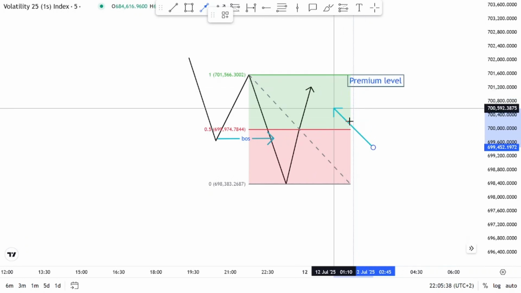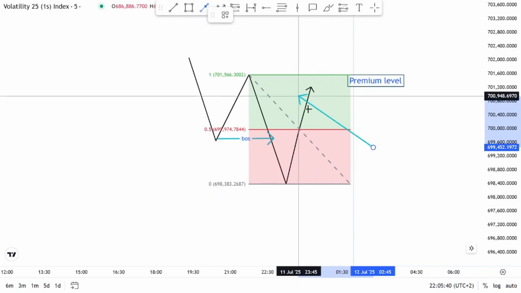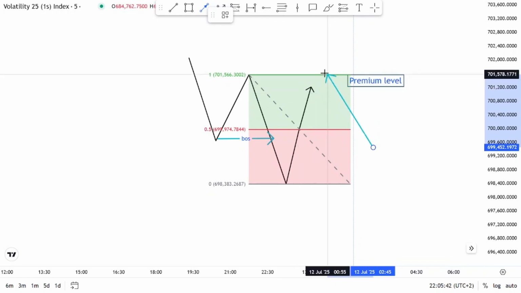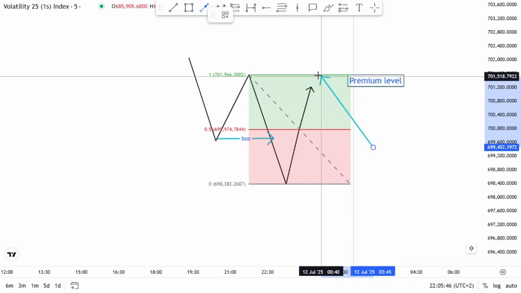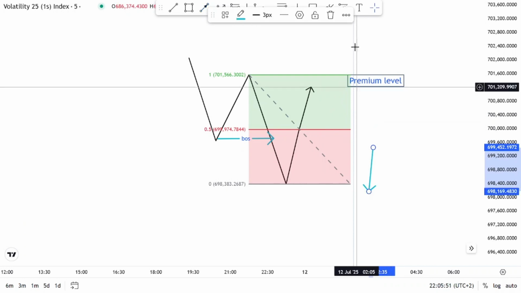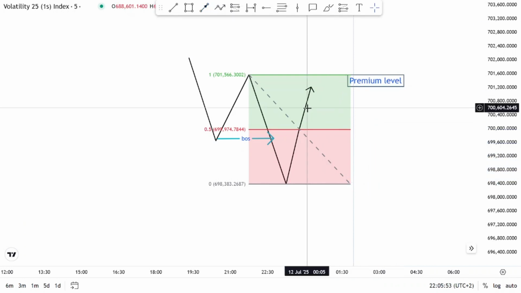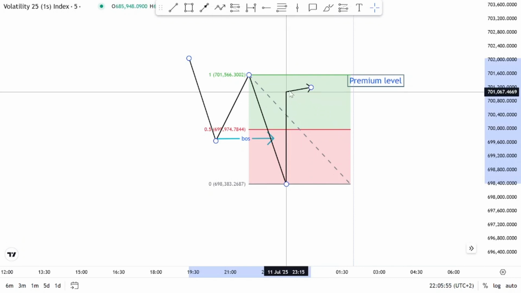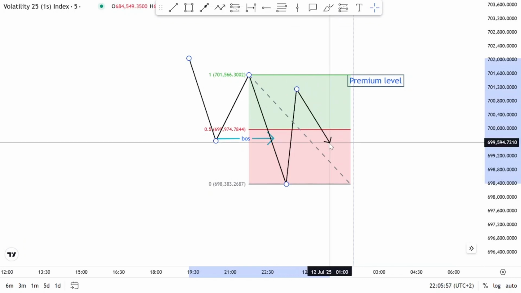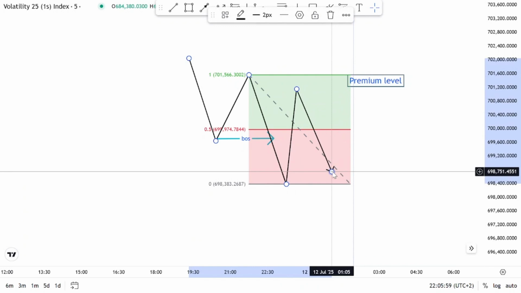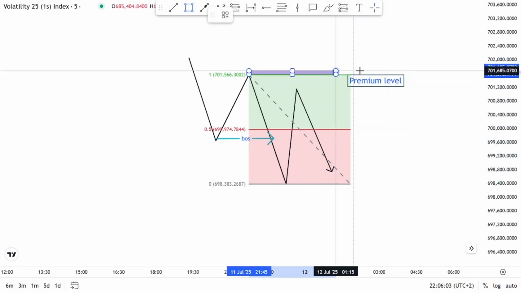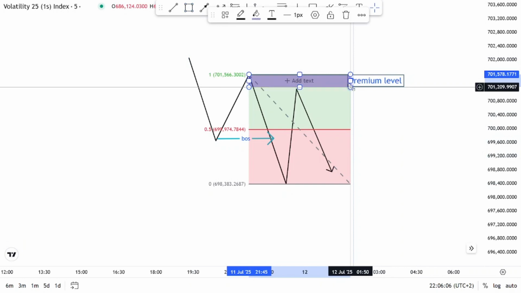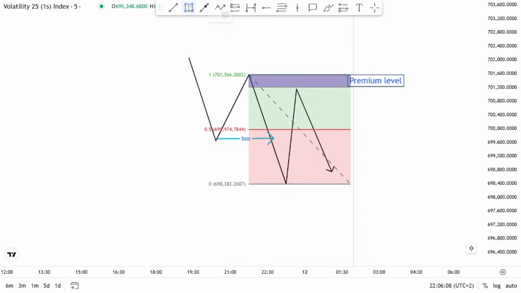In the premium level, what are we looking for? Which area are we looking for so that price can reverse here to continue going on the downside? We are looking for our 7 institutional reference points. Your order block will be sitting here on your premium level.